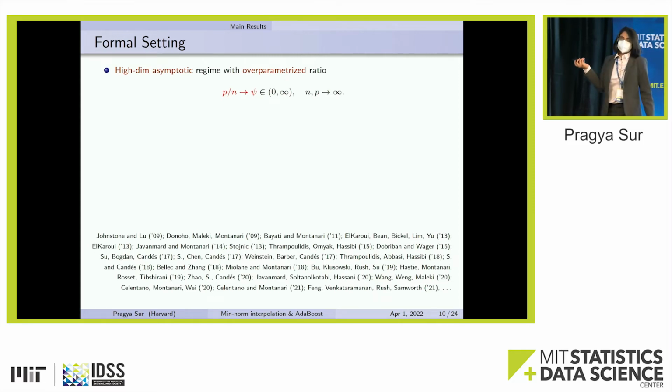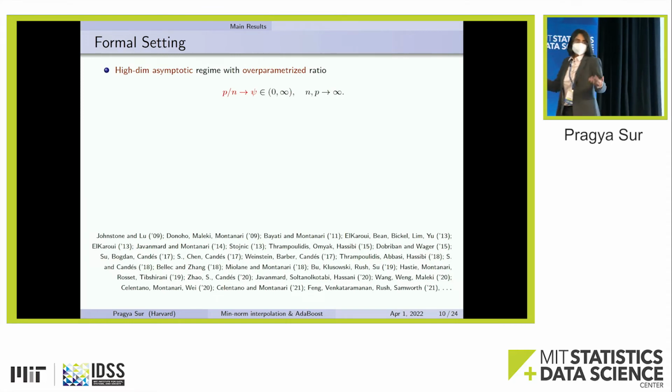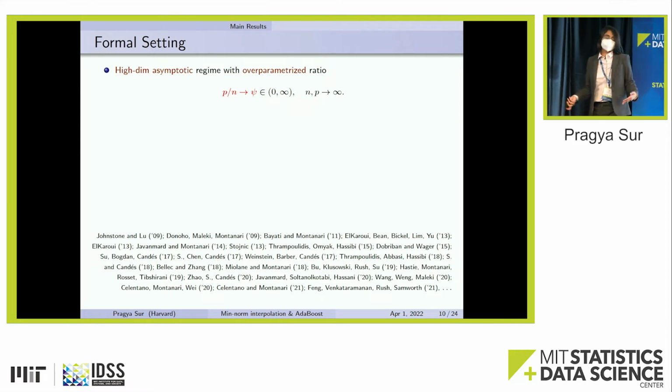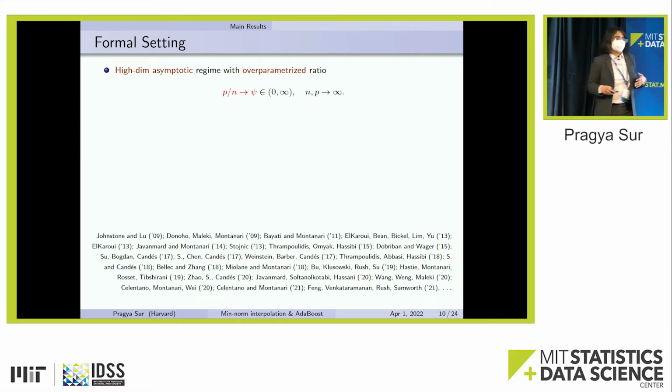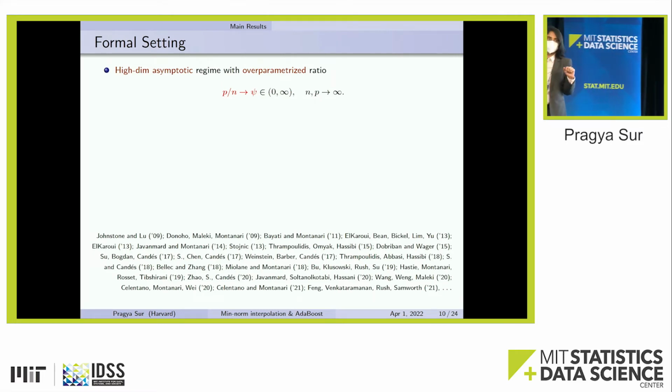So the reason why this regime is interesting is because the question of whether asymptotics are helpful came up in the earlier talks today, right? And my one-line answer, if I put on my practitioner's hat, is no, absolutely not. So then why do we care about asymptotics?